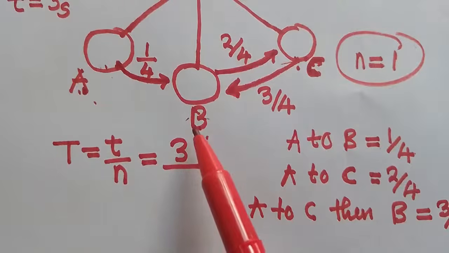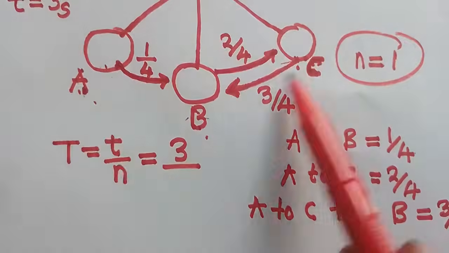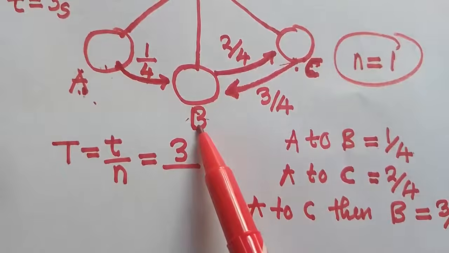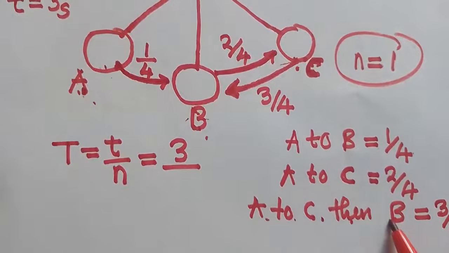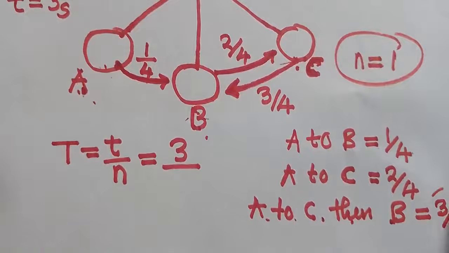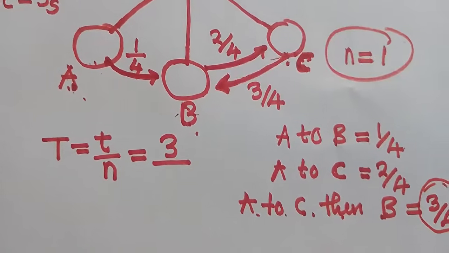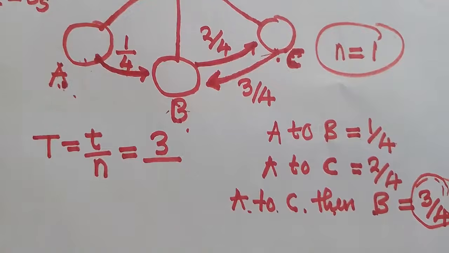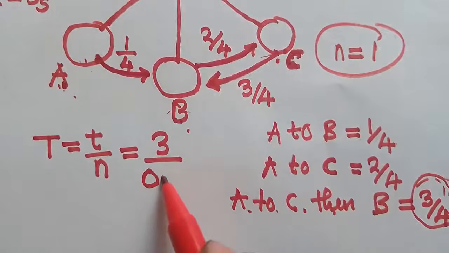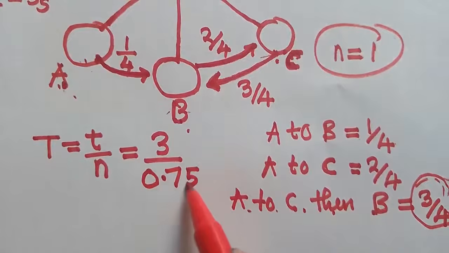So in our question, we are told that it moved from A to C and back to B. A to C, then B, which is 3 over 4. So now 3 over 4, we put it here. Since this is a fraction, I just divide on my calculator. 3 divided by 4. What is my answer? My answer is 0.75.